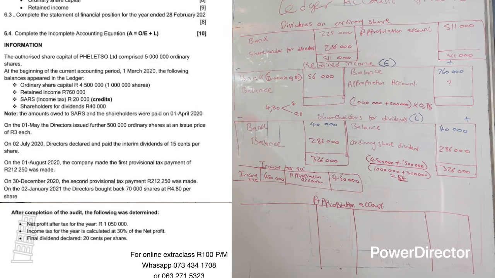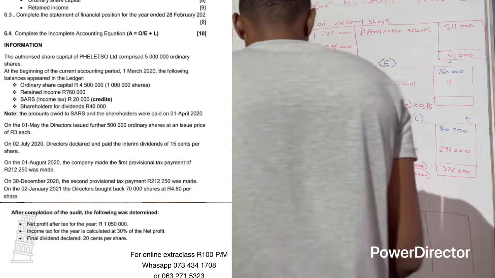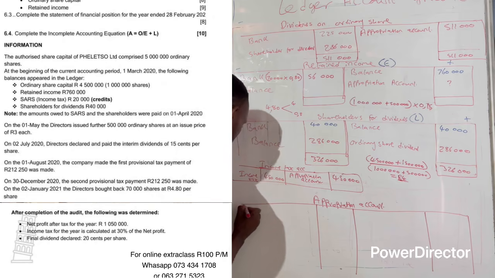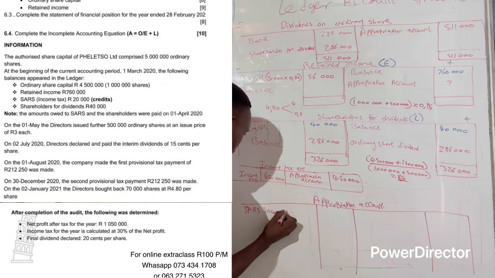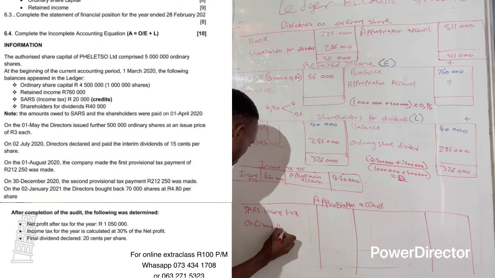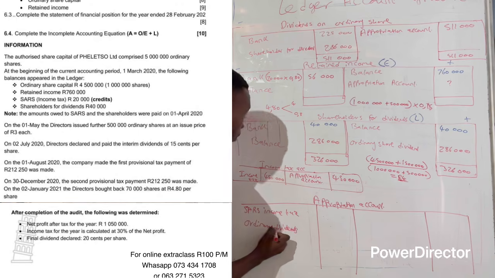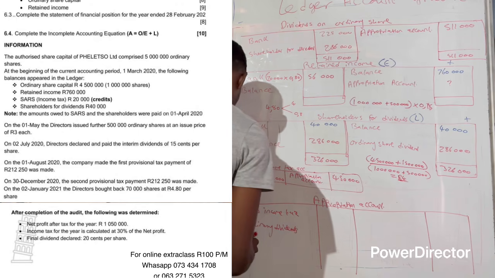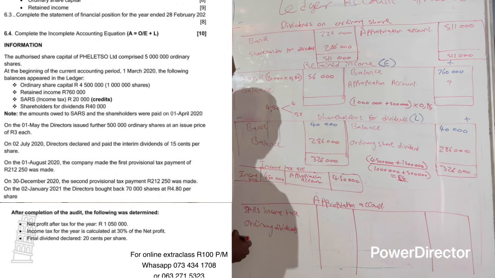Appropriation account. The format says SARS, income tax, ordinary dividends, and what?